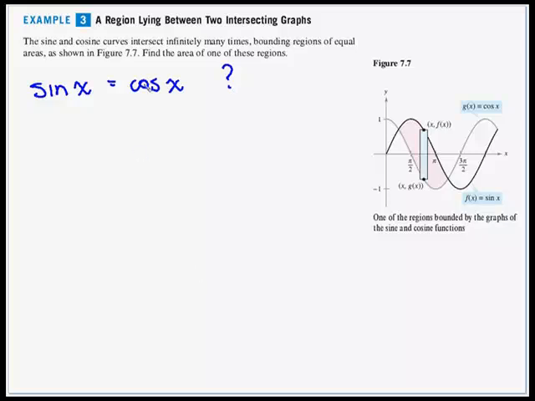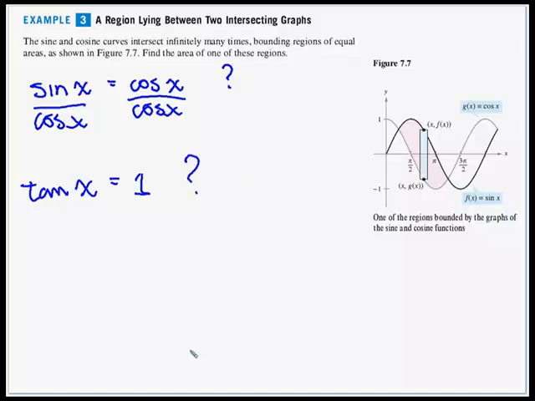Well, let's divide both sides by cosine. Sine divided by cosine is the same thing as tangent of x equals cosine divided by itself is 1. Where does tangent equal 1? Let's see here.